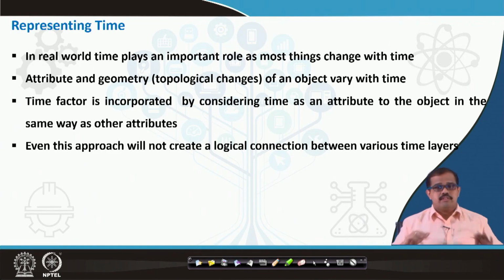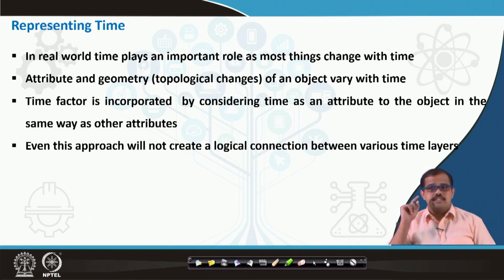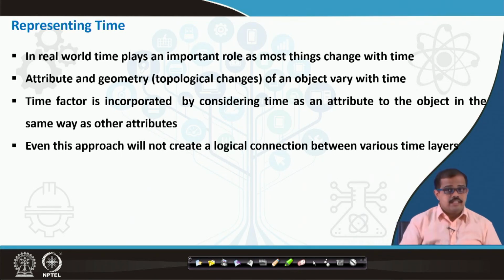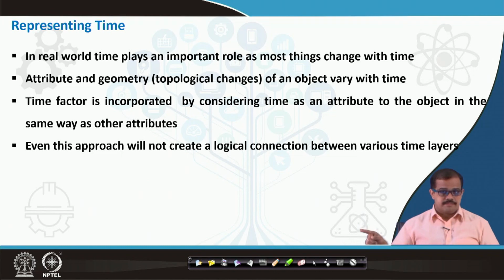For example, if you are trying to build the database of roads in Kolkata, the attributes of that particular road may vary every 5 years when it is tarred, or whatever other changes happen, or widening of the road happens. Those are the attributes that change, and along with that, the geometry also changes. So, that will change with time.